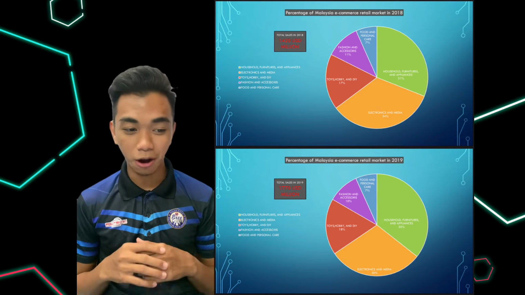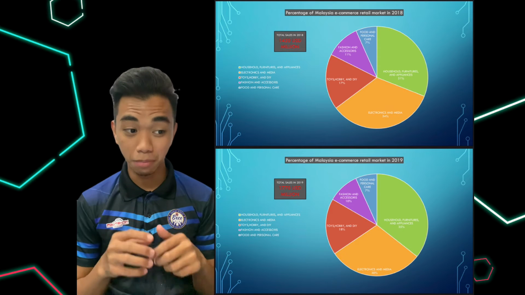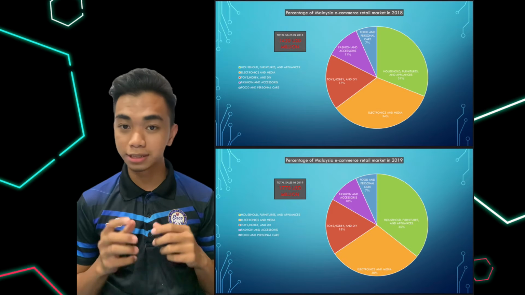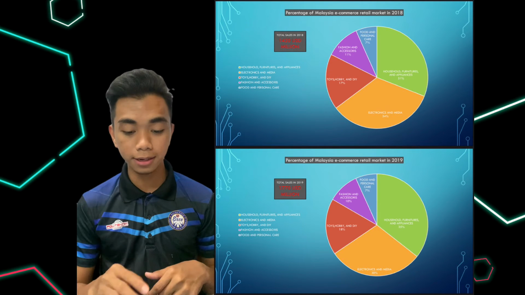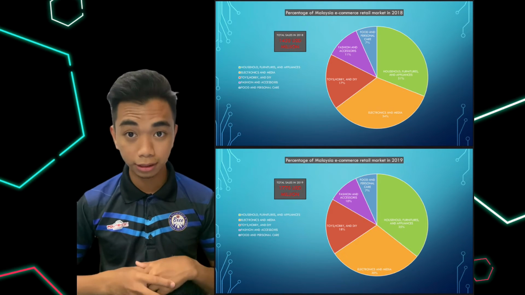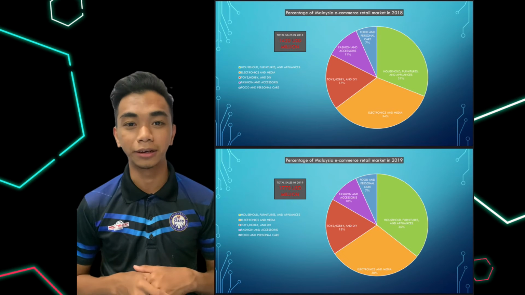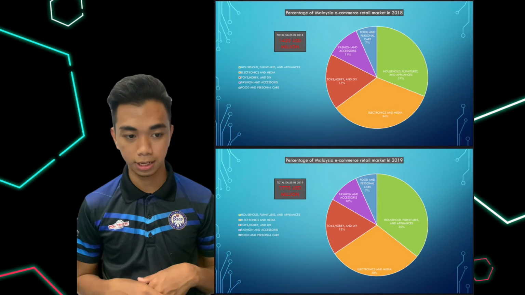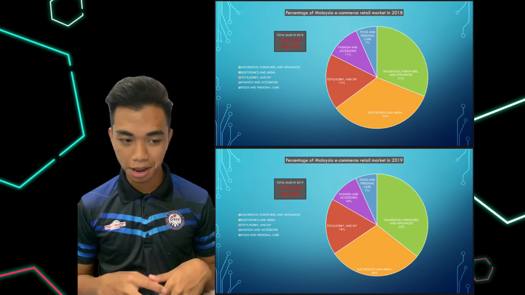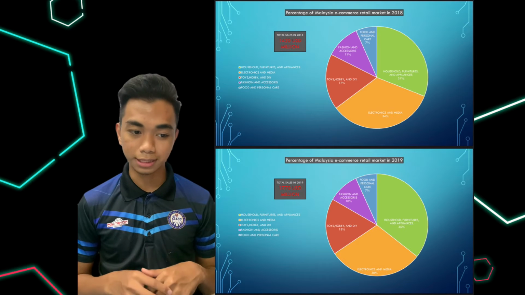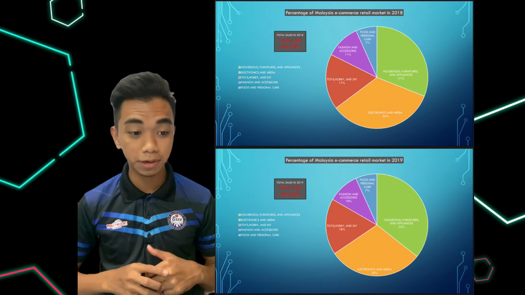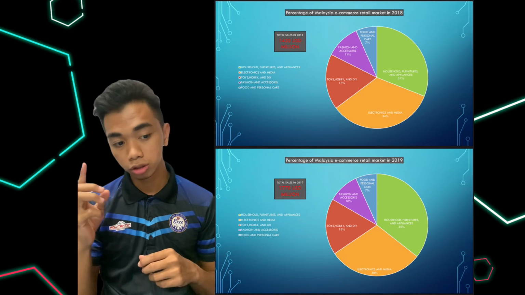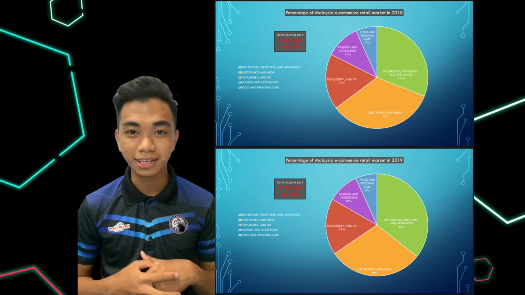The percentage of toys, hobby and DIY by total sales increased by 1% from 17% in 2018 to 18% in 2019. Next to fashion and accessories. The percentage of fashion and accessories by total sales decreased 1% from 11% in 2018 to 10% in 2019.